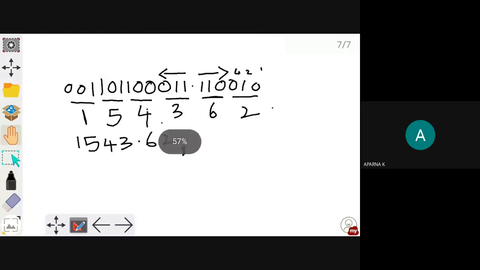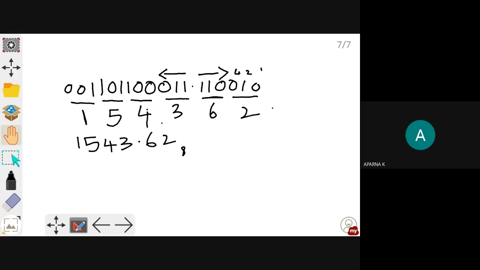Is it clear? Given is a binary value, and you have to convert this binary to octal. Since octal has 8 digits, for 8 digits you require 3 bits. So you have to divide the binary into 3 bits. You cannot just divide from the first to the last. You have to take the binary point, and from the binary point go to the right side and to the left side.